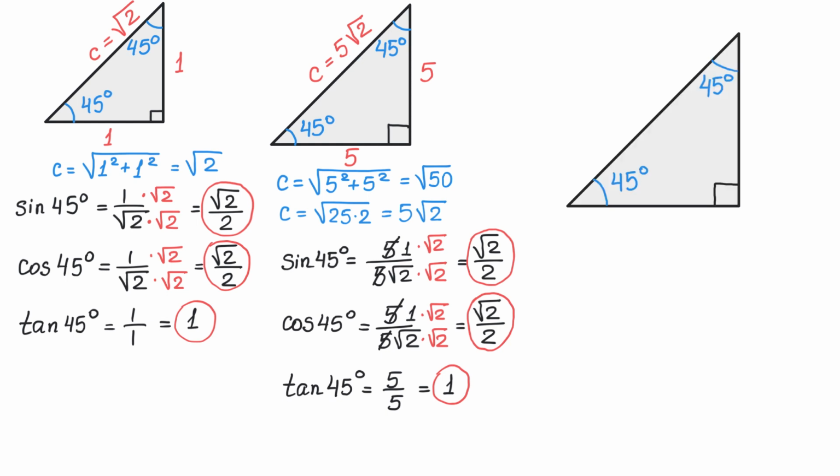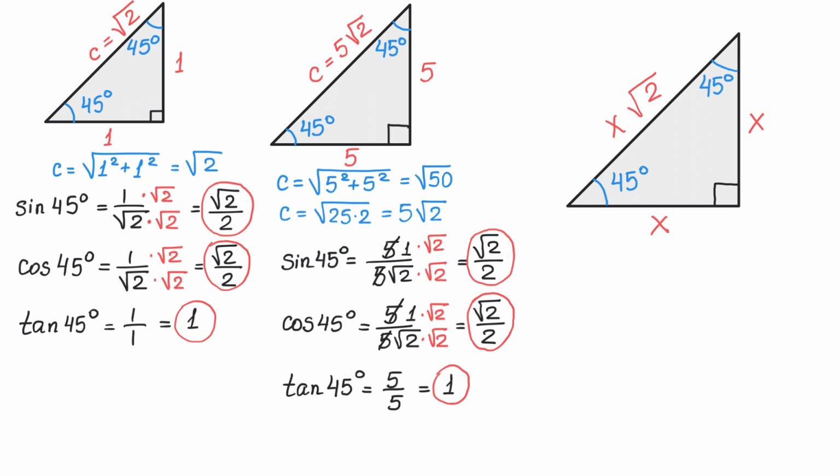In general, if we have a 45-45-90 degree triangle and each of the shorter sides is x, then the hypotenuse will be x multiplied by square root of 2. For example, if this side is 7 and this side is 7, then the hypotenuse will be 7 times square root of 2.